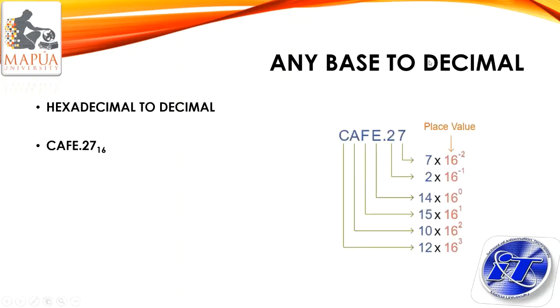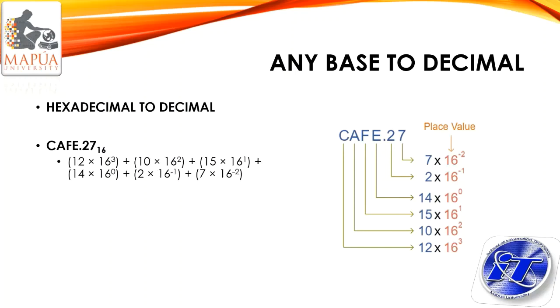For 7, 16 raised to negative 2; 2, 16 raised to negative 1; E is 14, 16 raised to 0; F is 15, 16 raised to 1; A is 10, 16 raised to 2; and C is 12, 16 raised to 3. Multiply the digits to their corresponding positional values, get the products, get the sum, and the answer will be 51,966.152344375 in decimal.